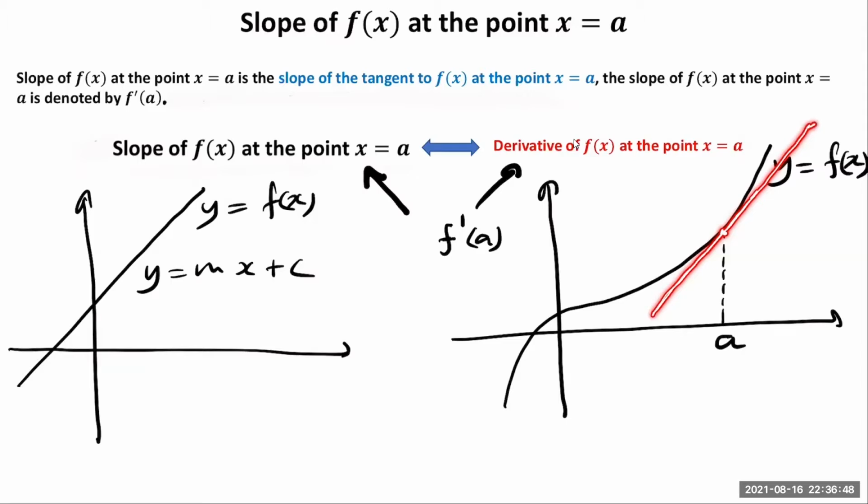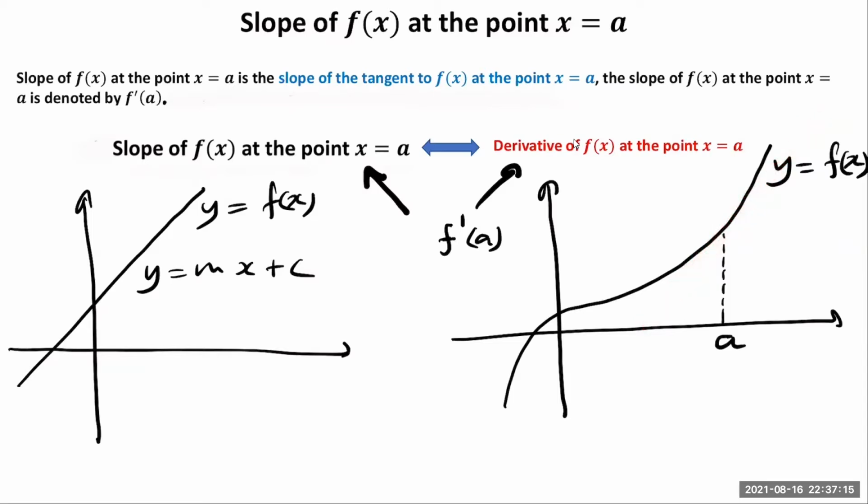So the slope of the function at x is equal to a is defined to be the slope of this tangent line. That's how we define the slope of a function at x is equal to a. It is the slope of the tangent to the function at x is equal to a, or in other words, the slope of this tangent line.